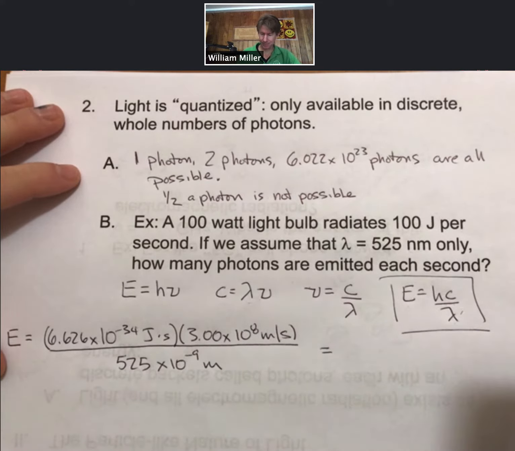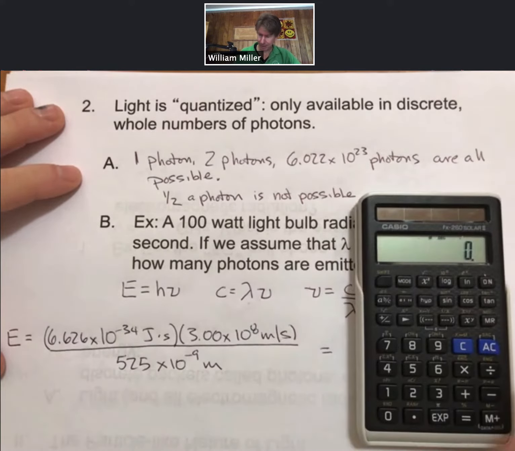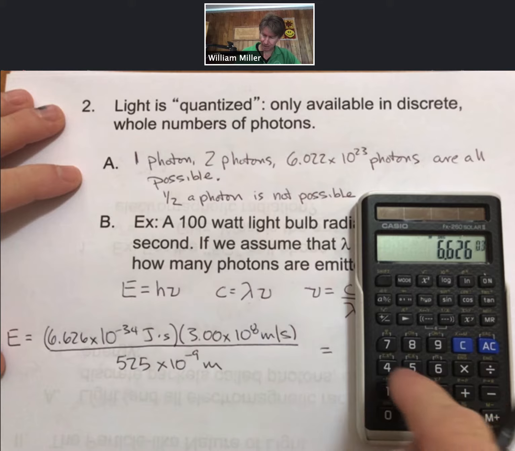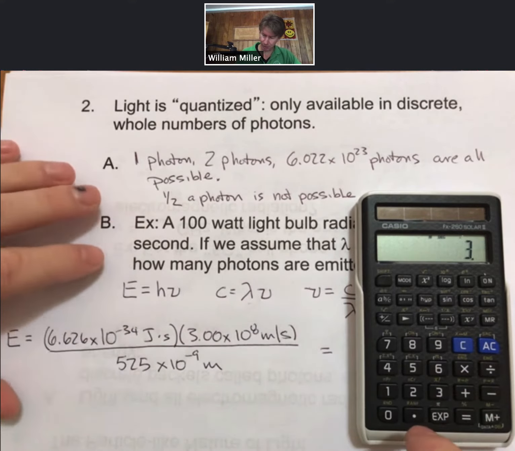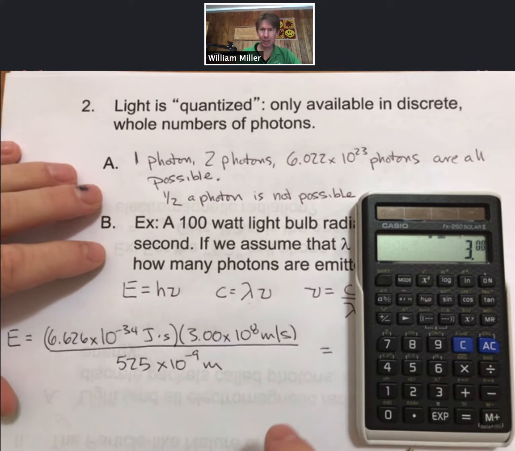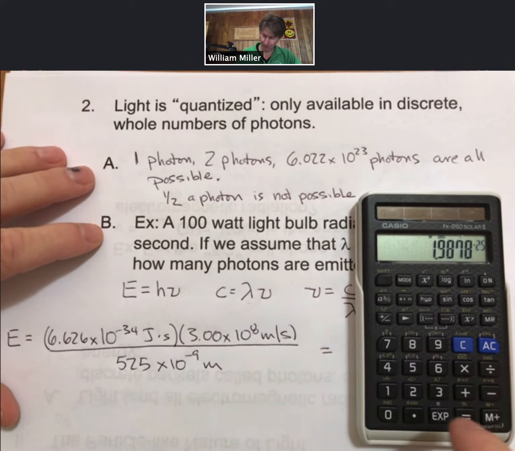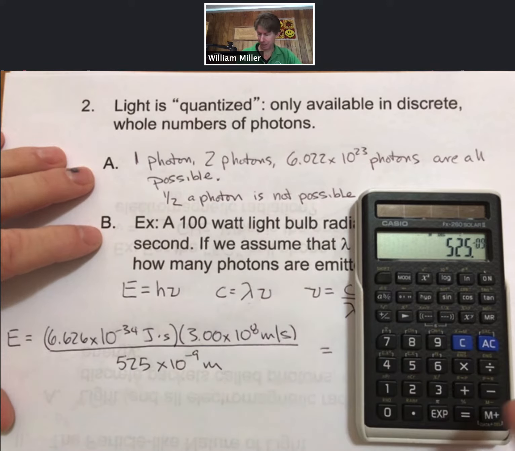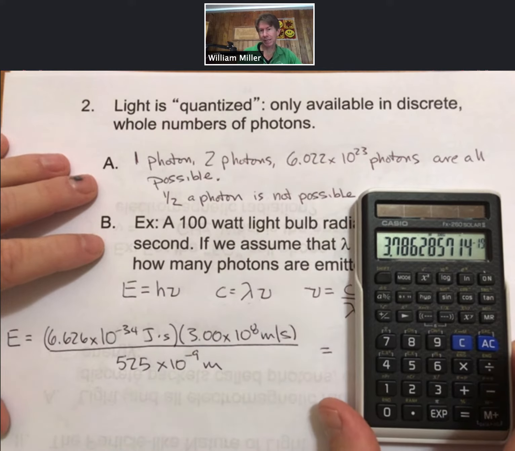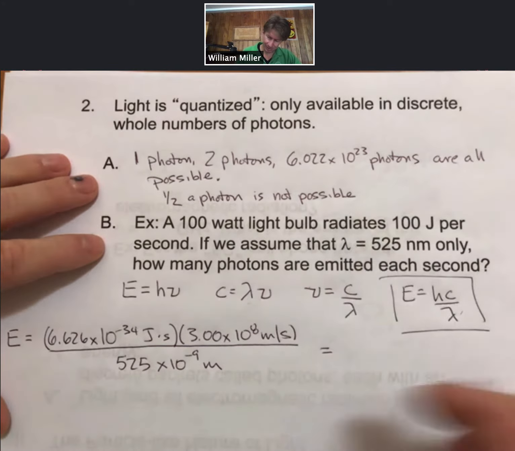When I do this, 6.626 times 10 to the negative 34th times 3.00 times 10 to the 8th divided by 525 times 10 to the minus 9th, I get 3.79 times 10 to the minus 19 as the number.